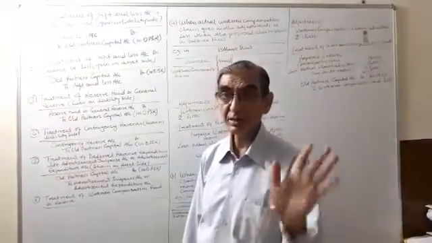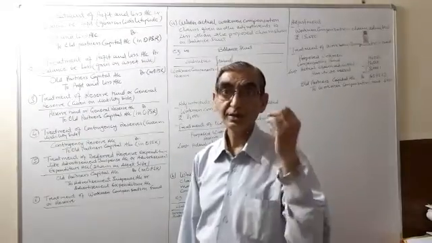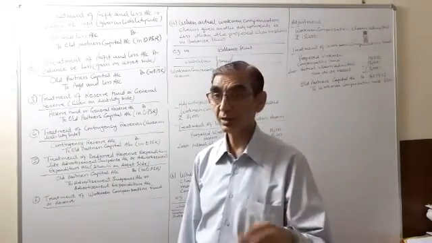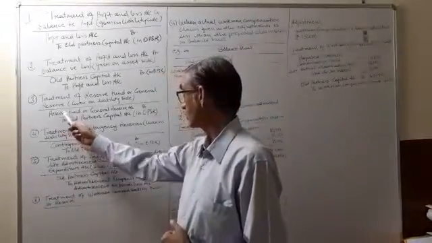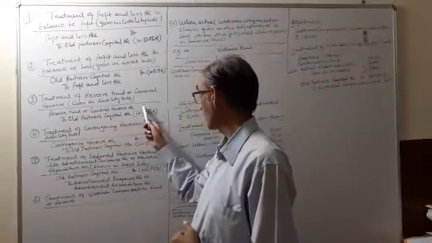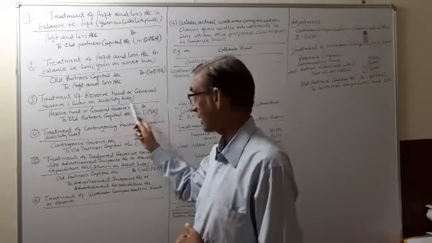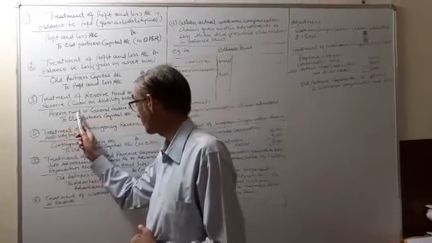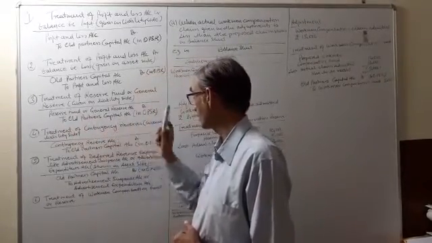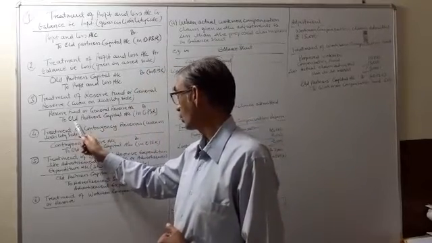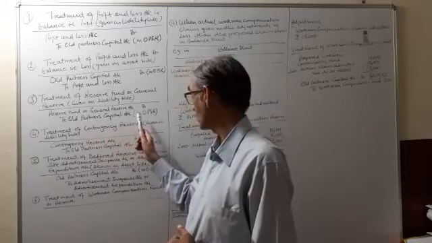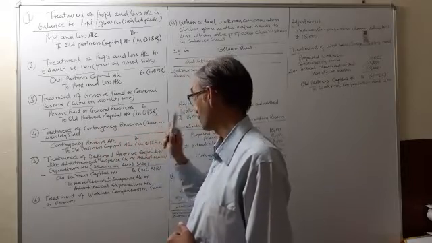This will also be distributed among the partners in their old profit sharing ratio and the account will not be shown in the balance sheet. Therefore, reserve fund or general reserve account will be debited. Either it will be shown as reserve fund or it will be shown as general reserve. Account will be debited to old partners capital account in old profit sharing ratio.